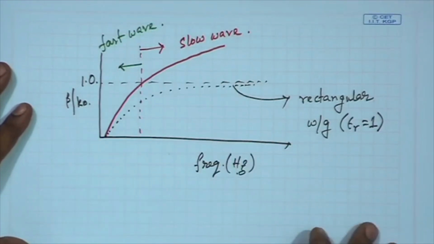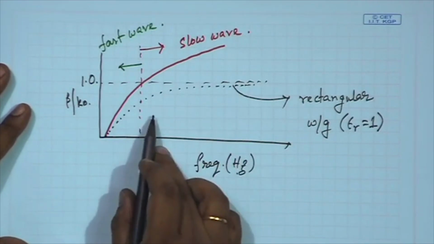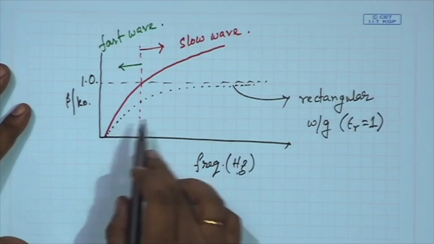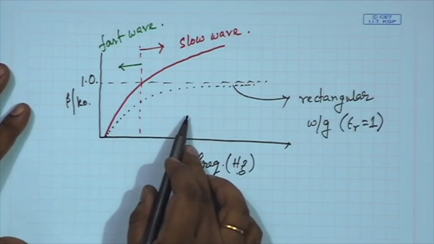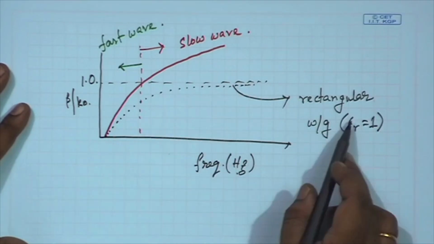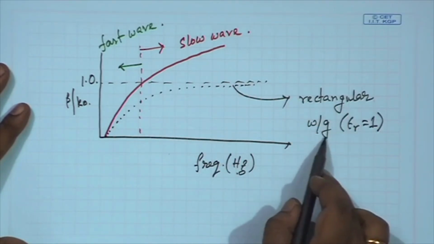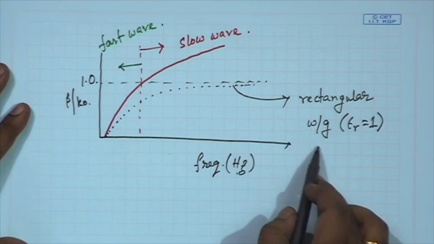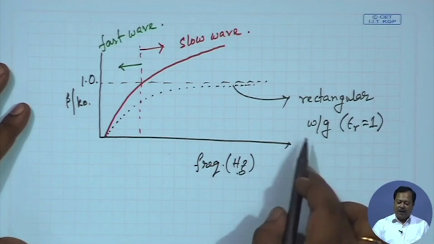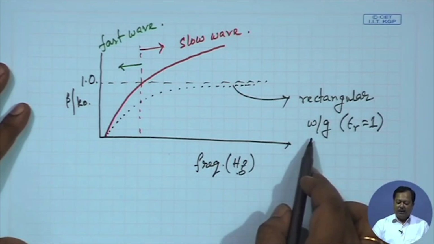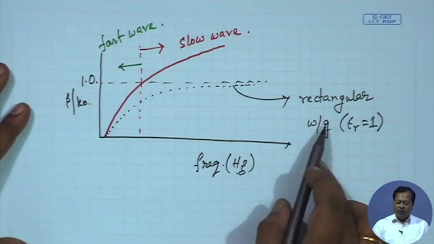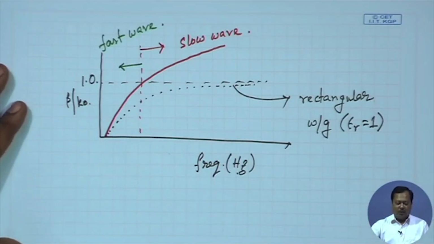So what we see then is that SIW supports both fast wave and slow wave. This is not just for SIW. For an air filled rectangular waveguide, if we load it with some dielectric material, in that case also we will see that it supports both fast wave and slow wave.